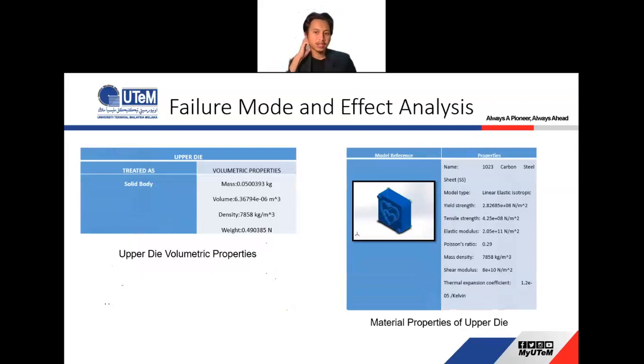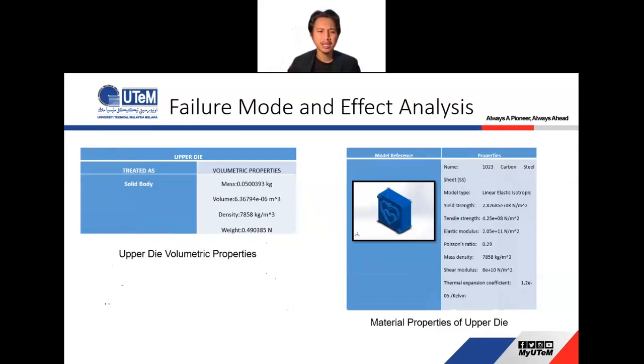So this is the FMEA, or known as failure mode and effect analysis, that we generate from the SolidWorks software, where it gives the report about the FMEA analysis on the upper die.